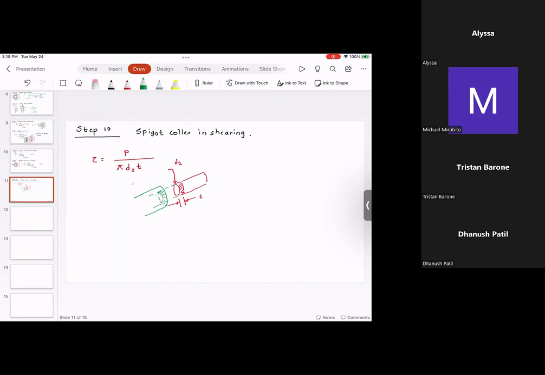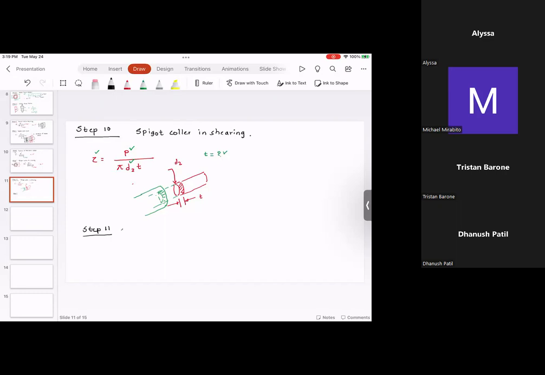So then step 11 is, oh, I didn't complete this discussion. P is known, tau is given, D2 is known. So from here, you can find out value of T.